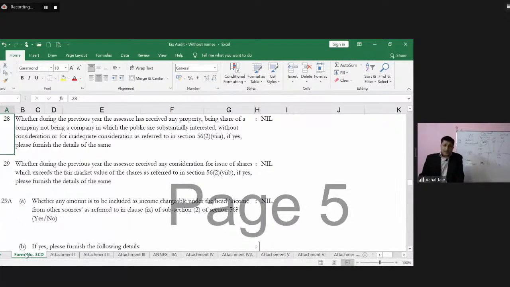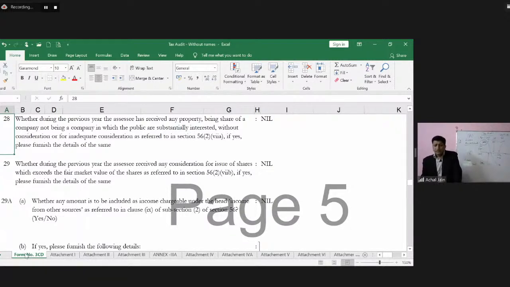And that property means that share has been received by the assessee without consideration, or for which assessee has paid the consideration, but that is not adequate. Adequate means that is not as per the requirements of section 56(2)(x)(a). If there is any such instance, that is required to be reported over here. Now, how will the auditor verify this?